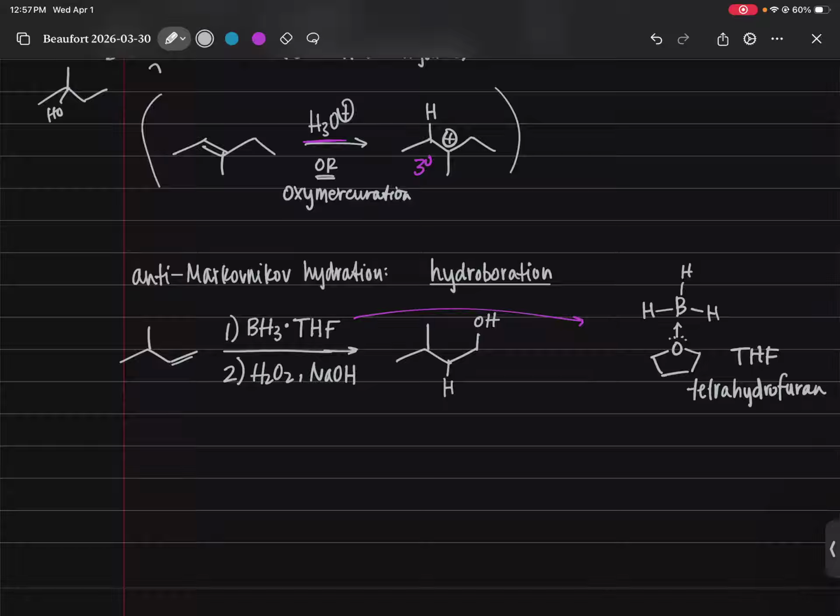This is a really common, fairly cheap solvent in organic chemistry. And this whole thing here is what we call BH3·THF. It's a liquid dissolved in THF, and you just pipette it or syringe it into your solution. Okay, the important thing here is the boron atom, though.